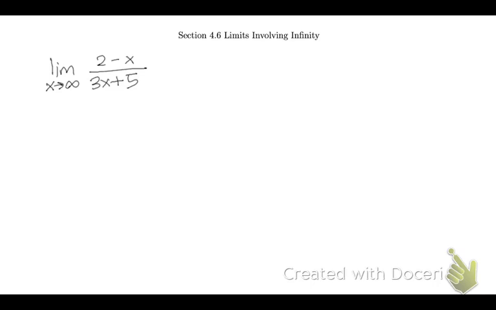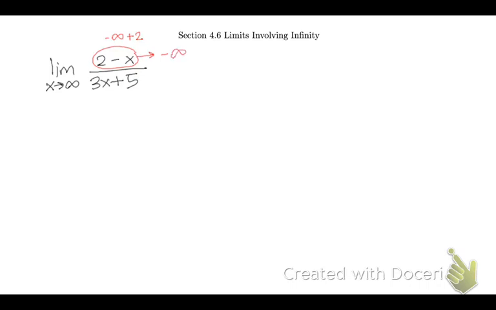Okay, so if we just kind of think about what's happening to this function as x goes to infinity, let's think about the top and the bottom separately. 2 minus x, 2 minus infinity, that's kind of like that, minus infinity plus 2. Okay, that top is going to negative infinity, right?